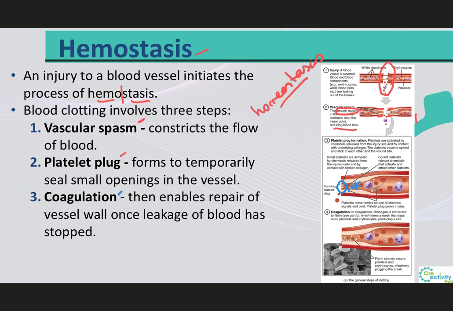In this process, fibrinogen is converted into fibrin, and we saw this already. This forms a mesh of fibers that traps even more platelets at the injury site, in addition to other erythrocytes. This process allows the repair of the blood vessel wall once the leakage of blood has stopped. So this is how we're able to prevent even further blood loss.